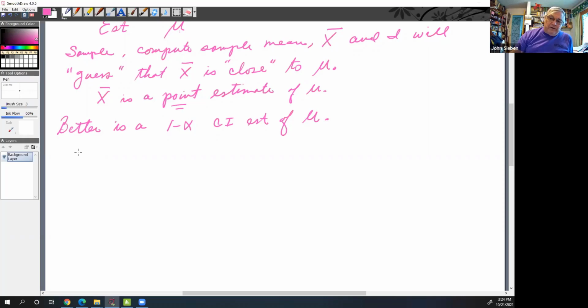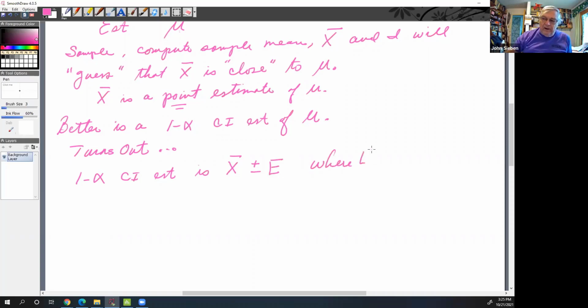Now, I think I'm just going to jump in and give it to you. We'll call this a turns out. It turns out that the 1 minus alpha confidence interval estimate is X bar plus and minus E, where E is a little bit different.